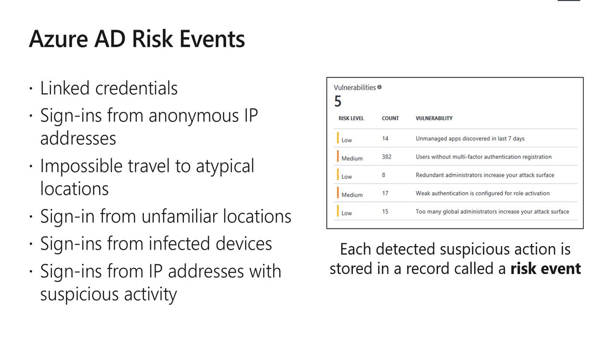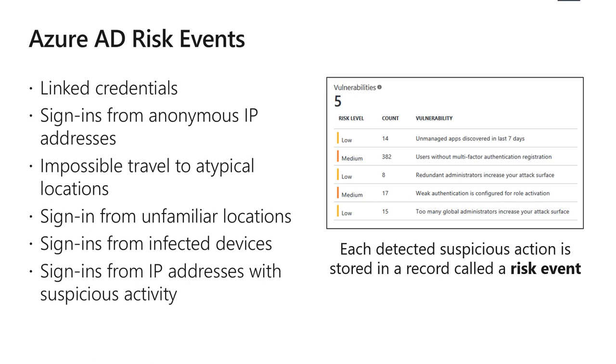From the point of anonymous IP address, this risk event type identifies users who have successfully signed in from an IP address that has been identified as an anonymous proxy IP address. These proxies are used by people who want to hide their device IP address and may be used for malicious intent.